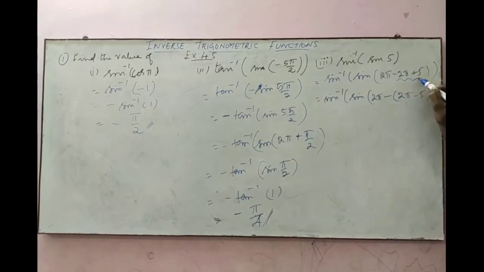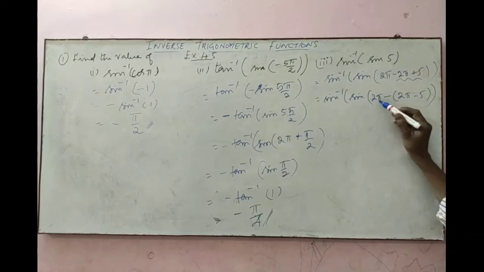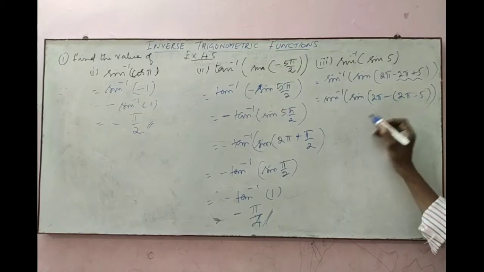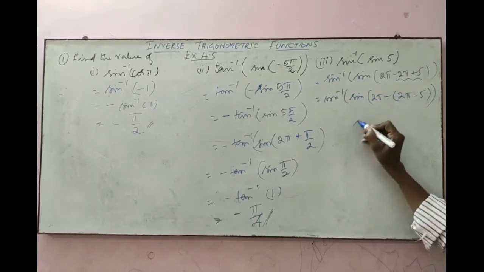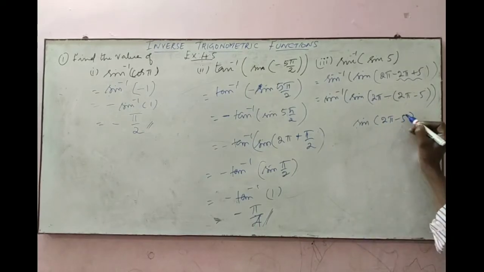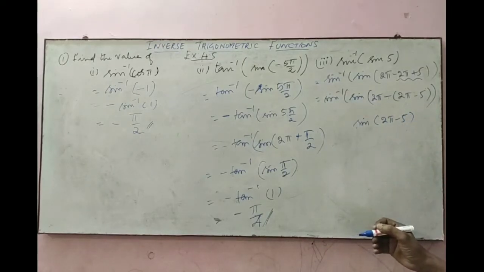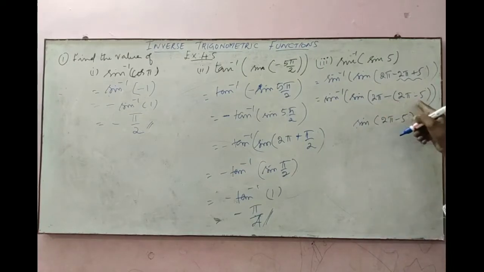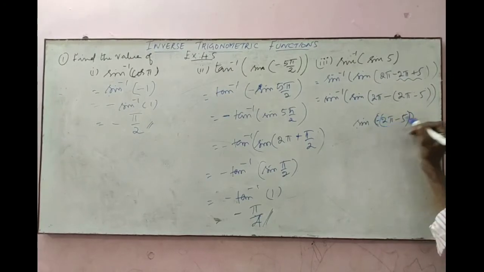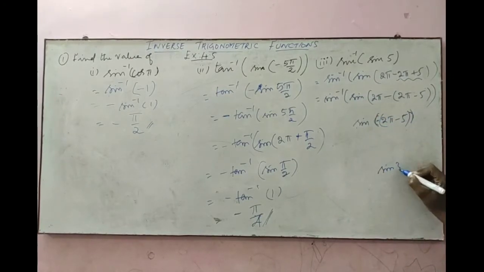If you take minus between these two terms, 2 pi minus theta, then only we get this value. Sin of 2 pi minus theta, that is 2 pi minus 5. Sin 360 minus theta is equal to minus sin theta, because in the fourth quadrant sin is negative.